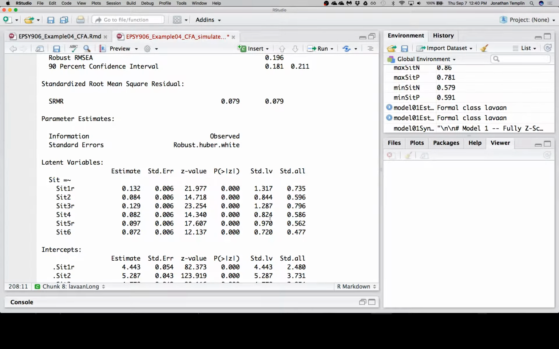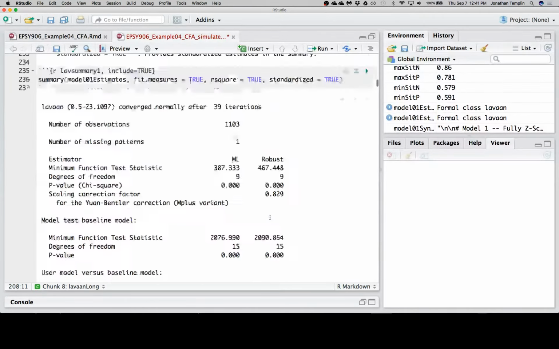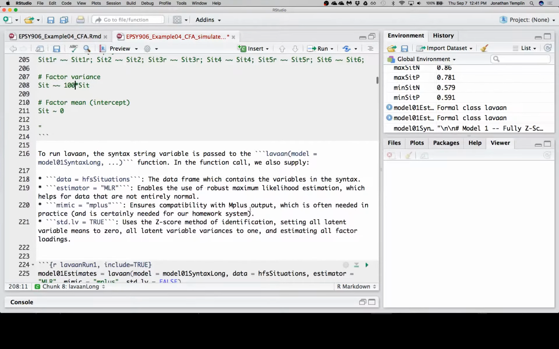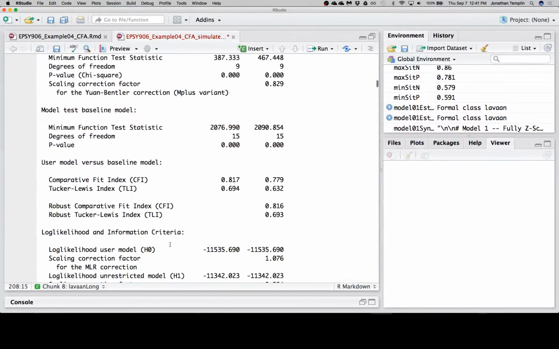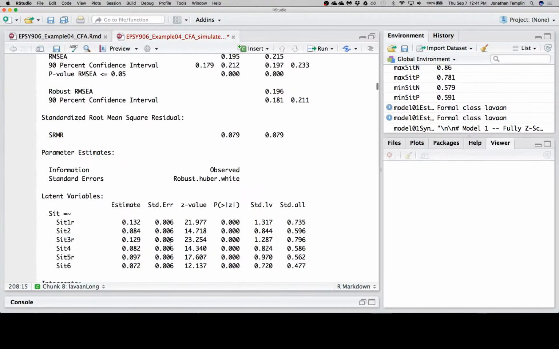So what this column std.lv tells you is what the analysis would look like had you used the standardized factor version of identification. Had you gone into the analysis and, in that lavaan part of the syntax, either put a 1 times the factor, or put std.lv equals true, that's what that column tells you right there.